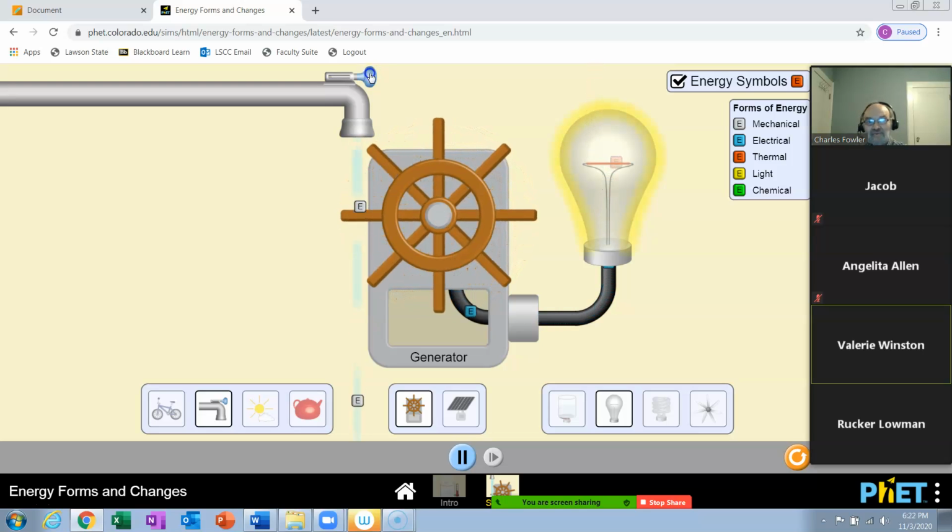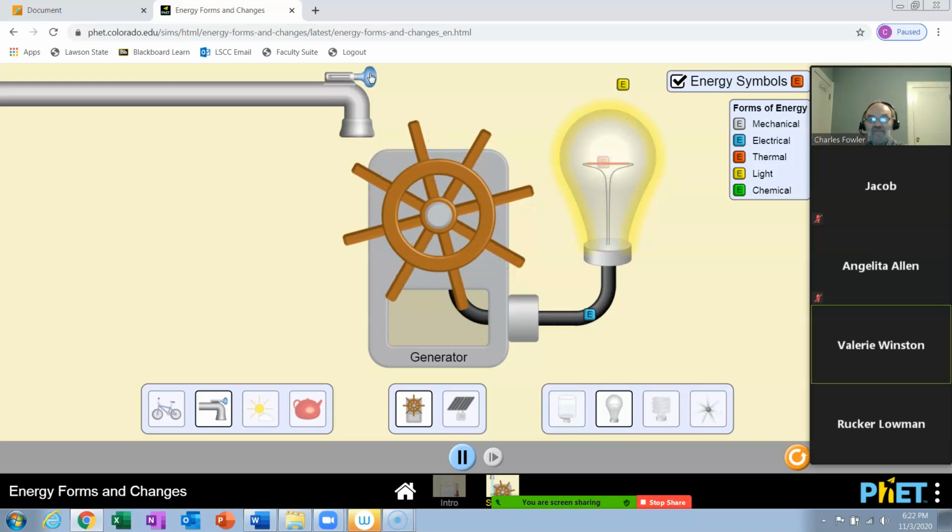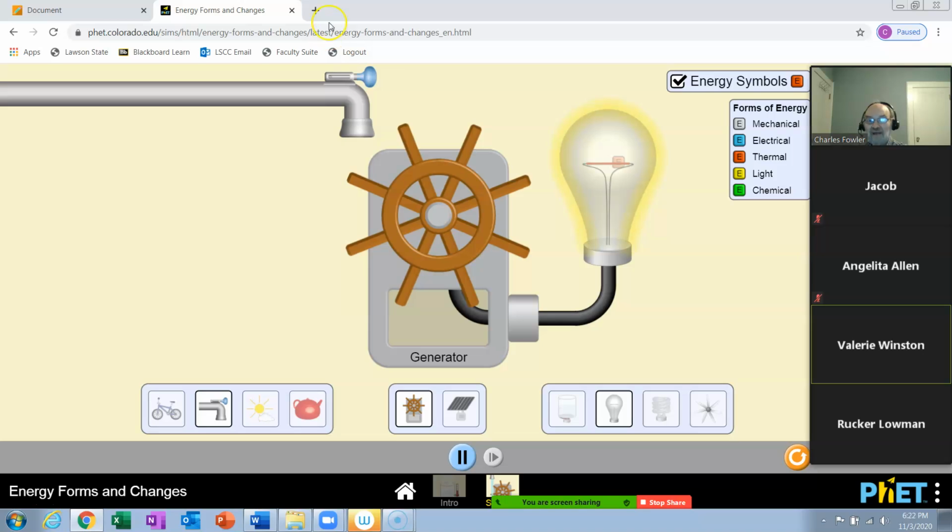Well, they're mostly going to light now. But every now and then there's a heat, because you know those incandescent light bulbs heat up really hot. So not all of them go to light energy, some of them go to thermal energy. Okay. Was there anything else on that one?